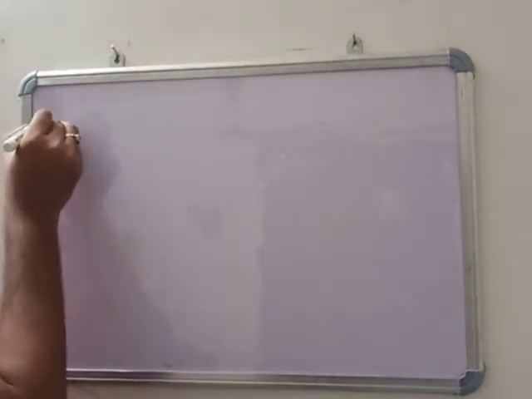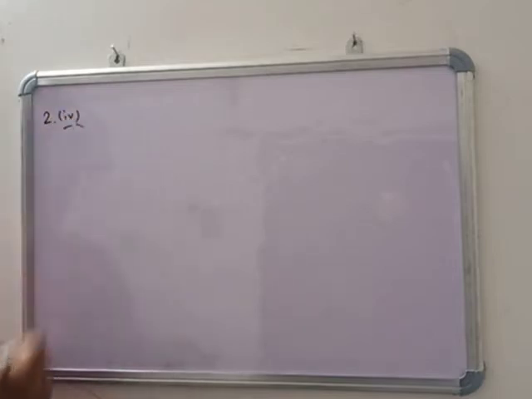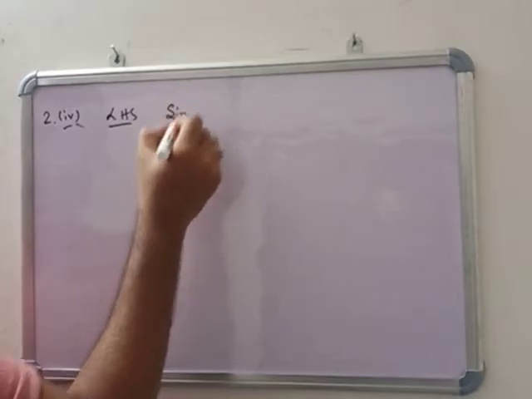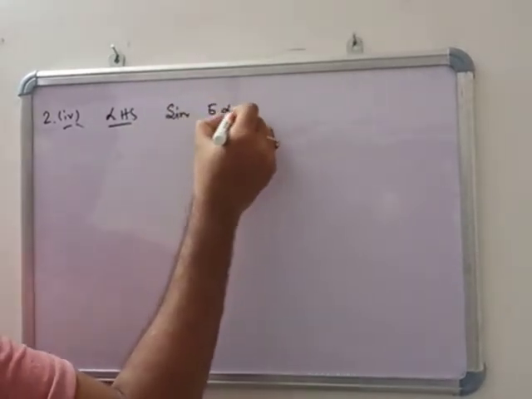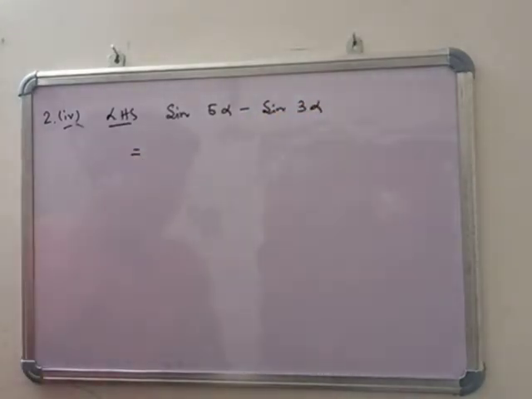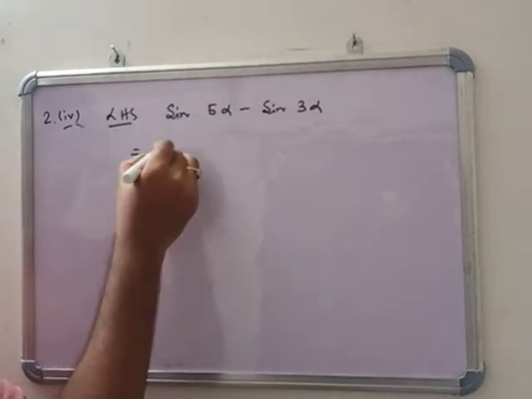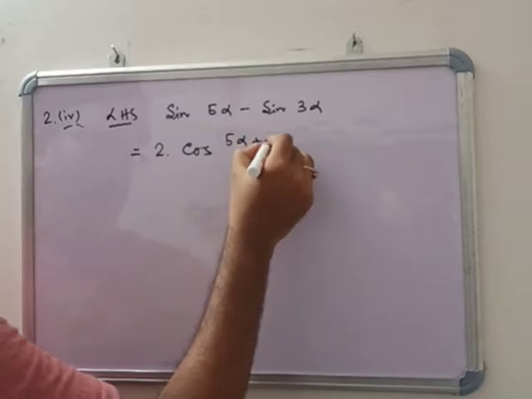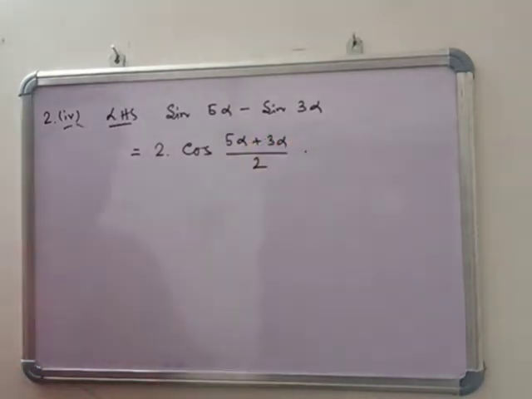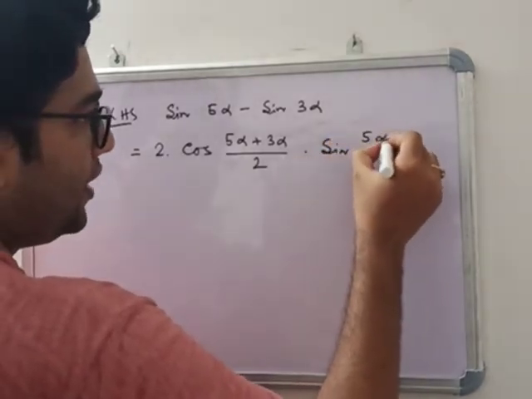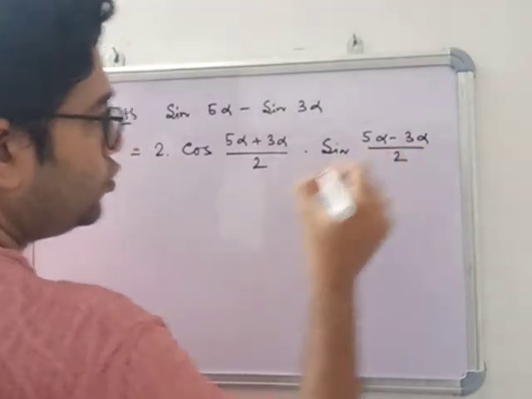Next one. In number 2, question 4, LHS is sine of 5 alpha minus sine of 3 alpha. So that means sine C minus sine D. That means 2 cos of 5 alpha plus 3 alpha by 2 into sine of 5 alpha minus 3 alpha by 2.